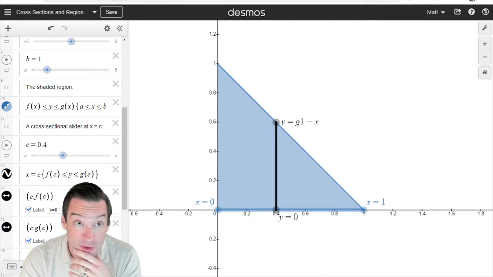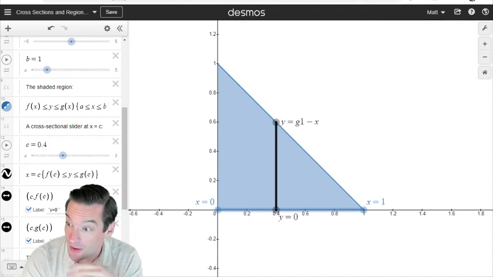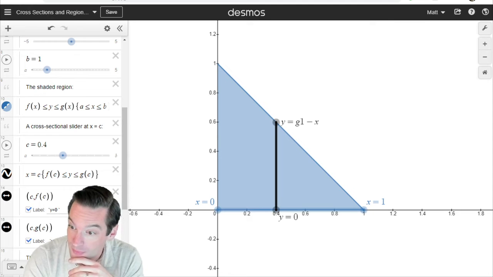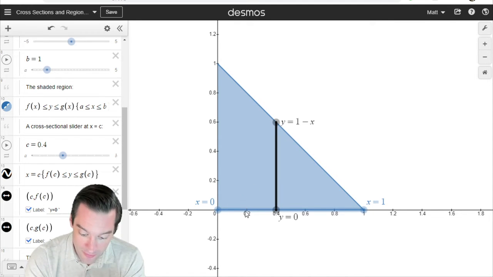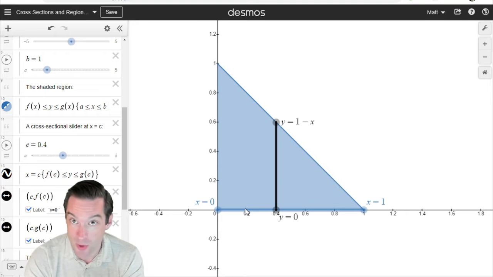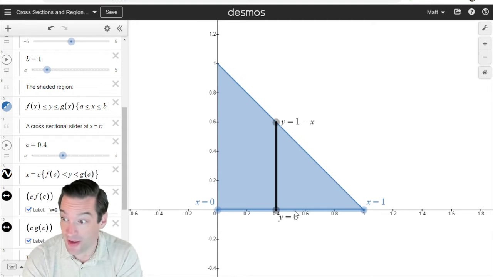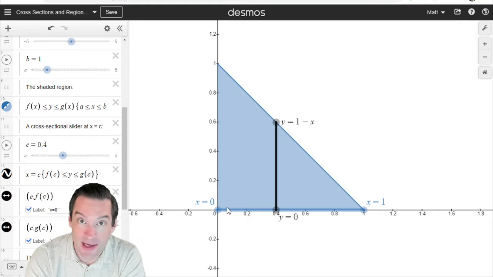If our job is to describe this triangle in the xy plane, then what we want to do is find a pair of functions, y equals f of x and y equals g of x, that describe the bottom face of my region as well as the uppermost face in the y sense.